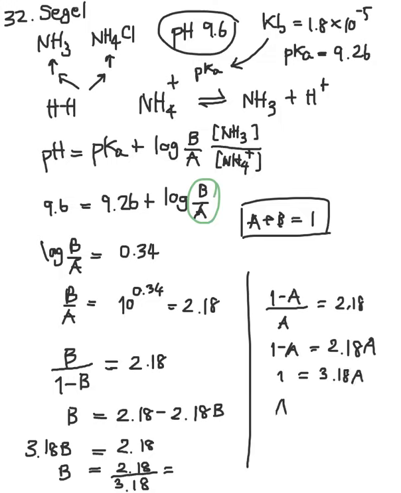So A will be equal to 1 divided by 3.18. So again, if you first solve for B, you get B equal 0.686. And then you can solve for A using 1 minus B. It's gonna be the same anyway, right?